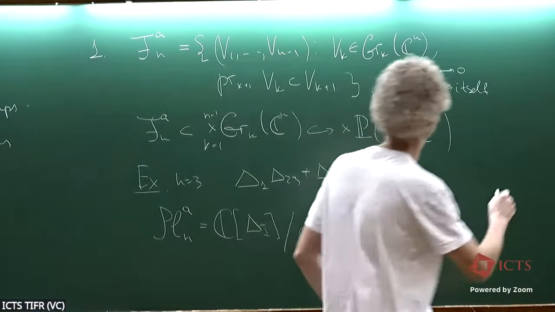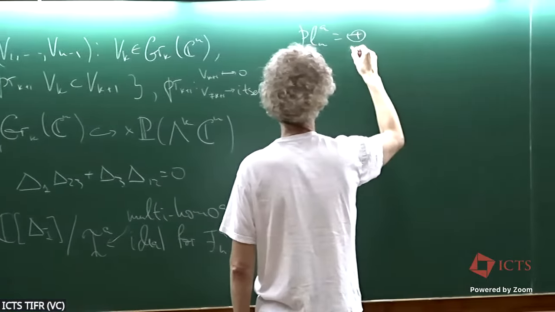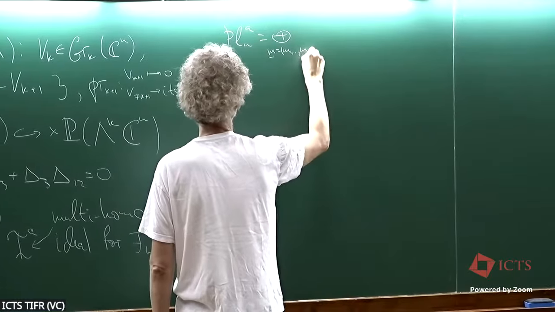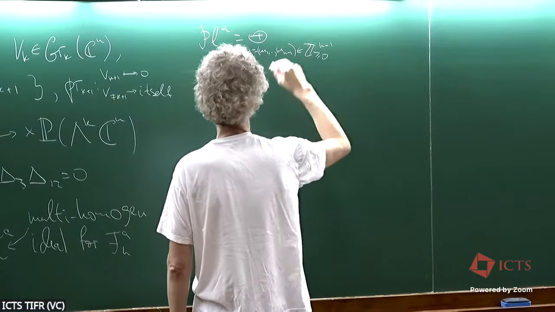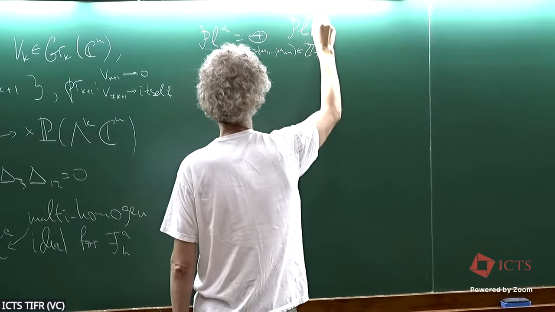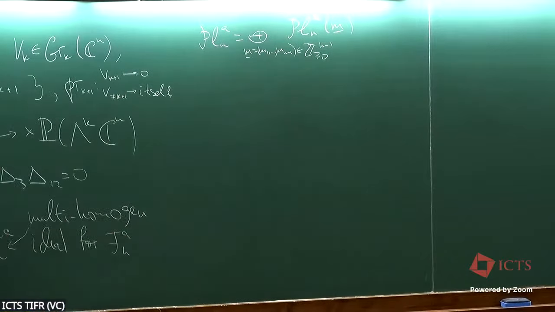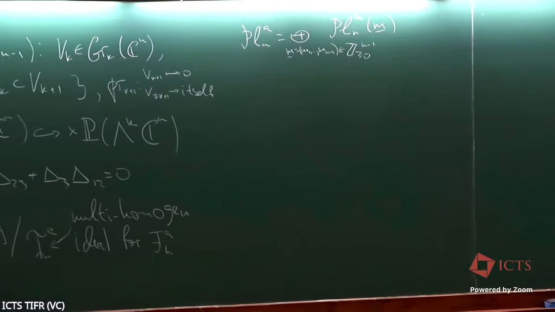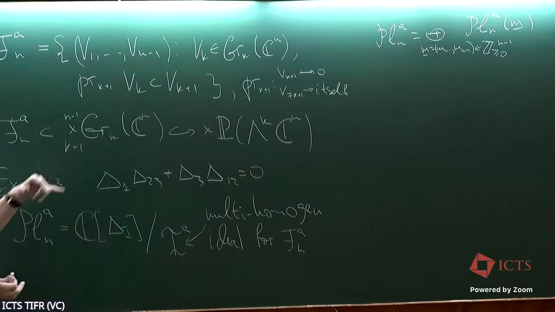So this Plücker algebra is the direct sum over m1 up to mn minus 1 in Z greater than or equal to 0 to the n minus 1 of the multi-homogeneous parts. These are simply those polynomials which are linear combinations of monomials having exactly mk variables corresponding to group K, right?